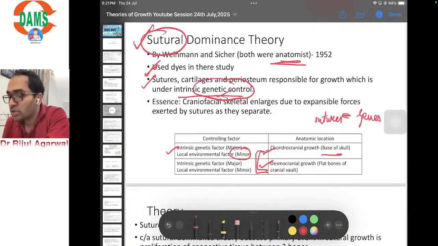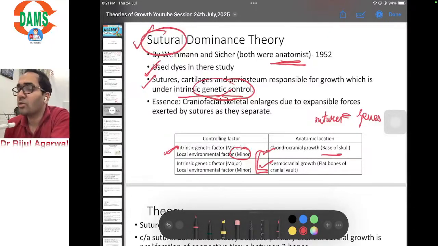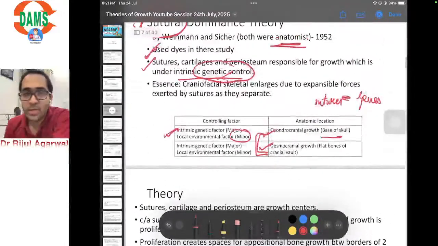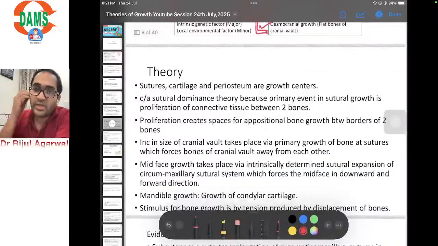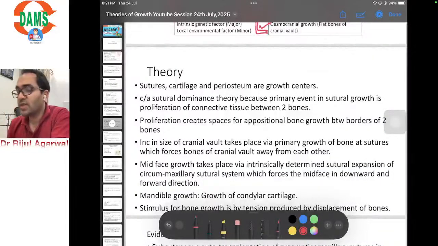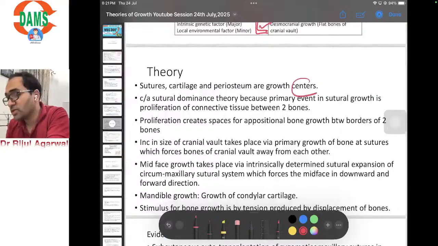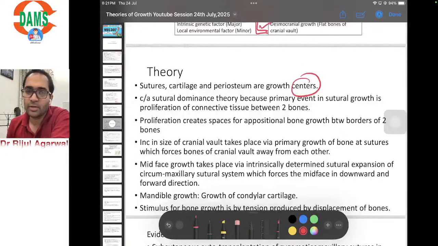Both are mostly through intrinsic genetic control, and local environmental factors have a minor role in their growth. Okay, so this is the basic essence of this theory. How does it occur? It says that sutures, cartilages, and the periosteum are the growth centers. Growth site versus growth center, if you all know, remember.